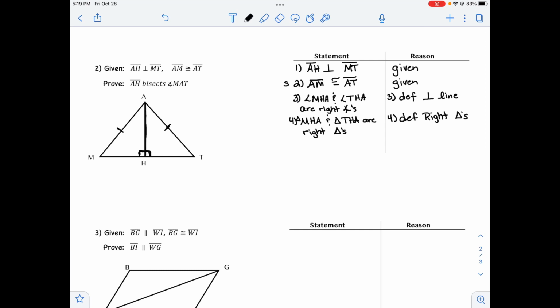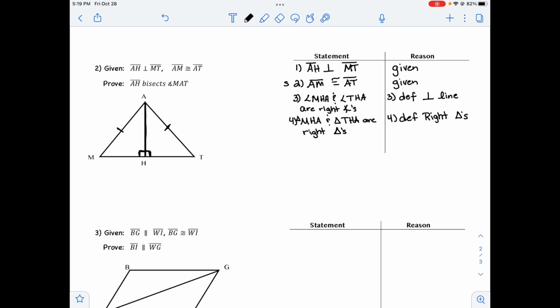triangles. Now, we have to get it in the same order to get some other pieces. So right now we have an angle, because we have those angles that tell us right here, this angle MHA is going to be a right angle. And so we have to now get those in the right order.